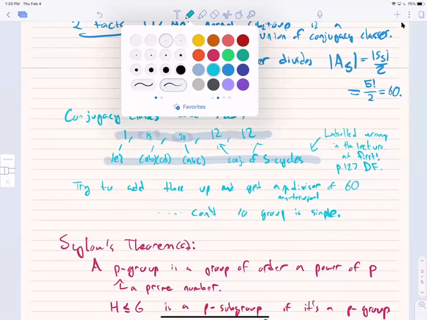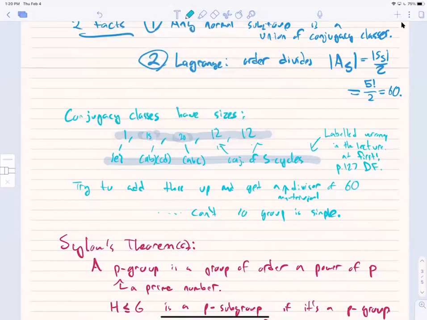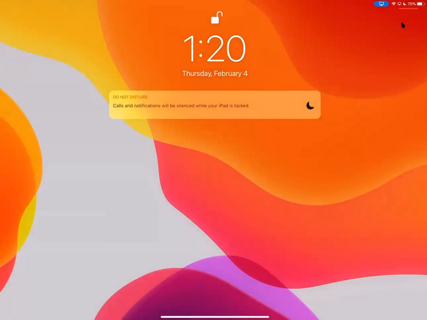Okay, so we'll get started again. Before we go back to the Sylow theorems, I just wanted to correct my labeling of the conjugacy classes from earlier. Sorry. I went back and checked this because I was disturbed by something, and I was correctly disturbed.